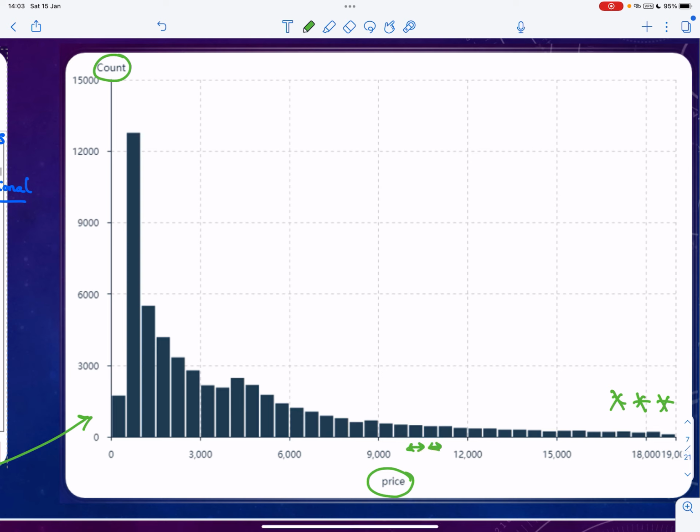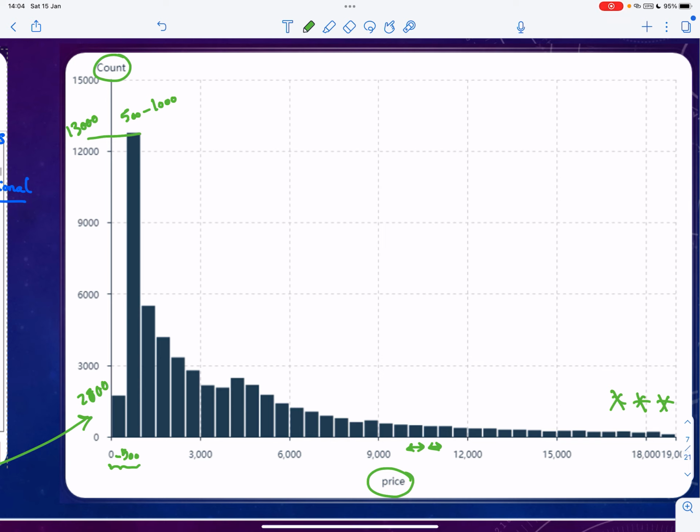Okay, so for instance, this is 0 to 500 might be. This one is 500 to 1000. These are my guesses. I'm not sure, but I'm showing you the process. And then it counts how many diamonds are in the bracket of 0 to 500. And we can see around, I don't know, maybe 2000, sorry. And here around 13,000. And so on and so forth.